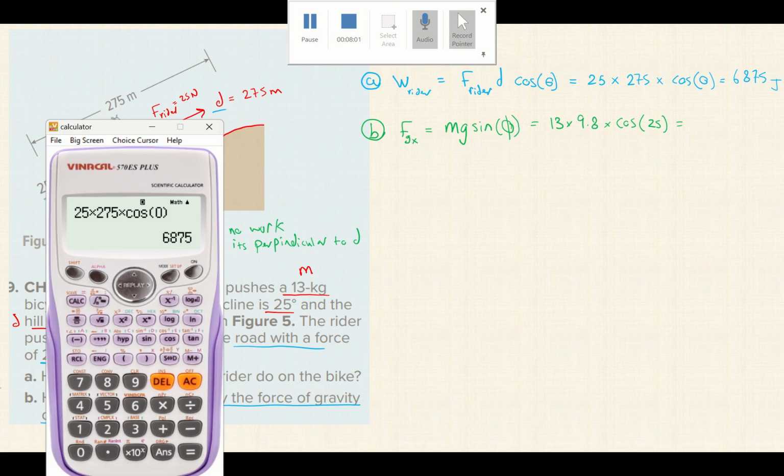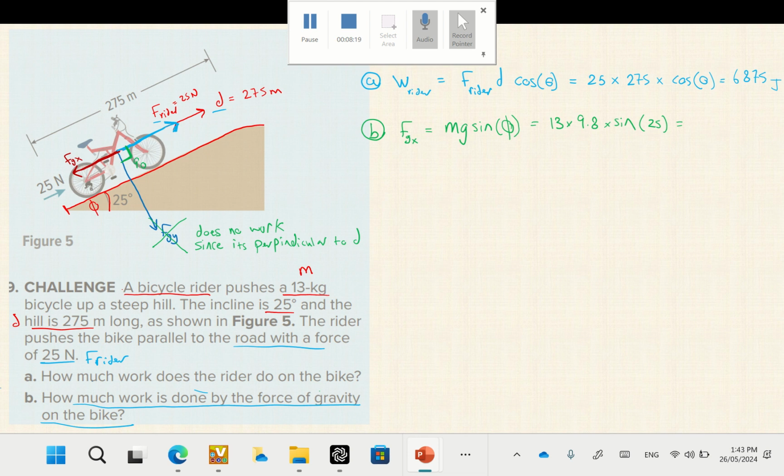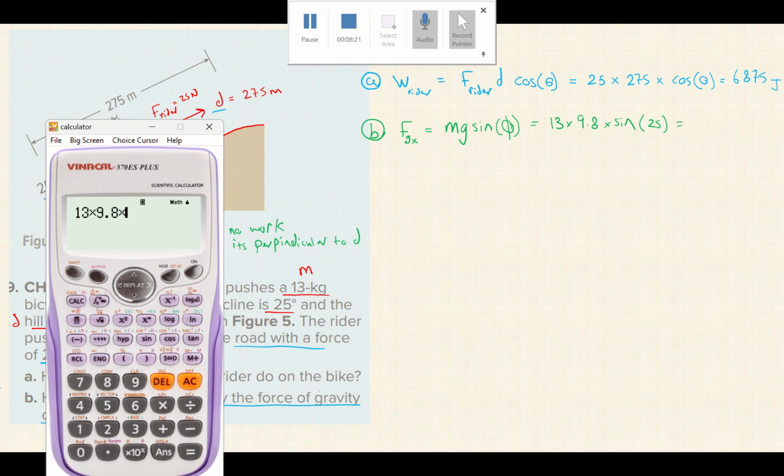So Fgx is 13 times 9.8 times sine 25, mg sine phi. That gives you 53.8. So m times g times sine 25, that's 53.8.